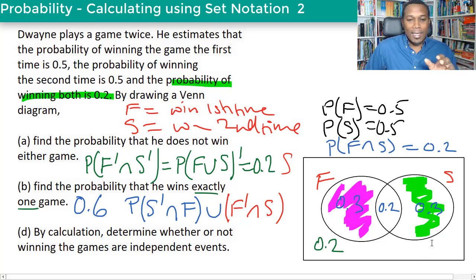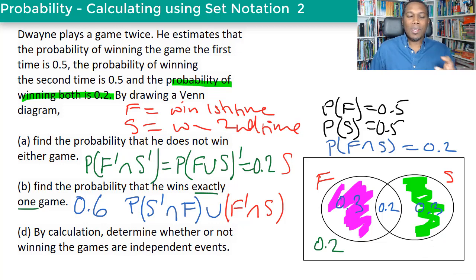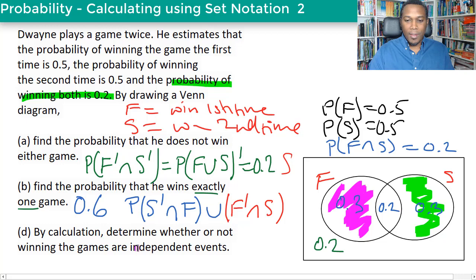That's part D, and I put it as part D because in the original exam question there was a part C, which we're going to address next. That's the other big idea, but let's deal with part D, this big idea of independent events. So we want to, by calculation, determine whether or not the winning games are independent. How do you do that?